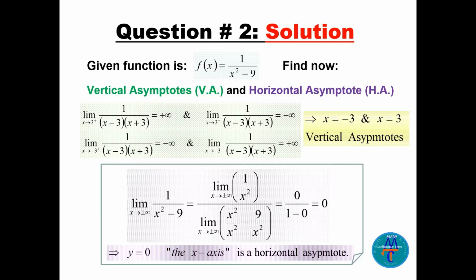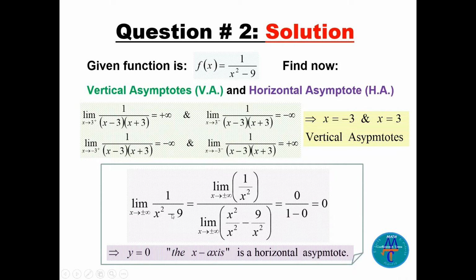So here is positive, and here is negative, so it's minus infinity. And the limit as x goes to minus 3 from the left will be less than minus 3. So that's a minus and that's a minus. When you multiply them, you get plus infinity. In both cases, we will have two vertical asymptotes, x equals minus 3 and x equals 3.